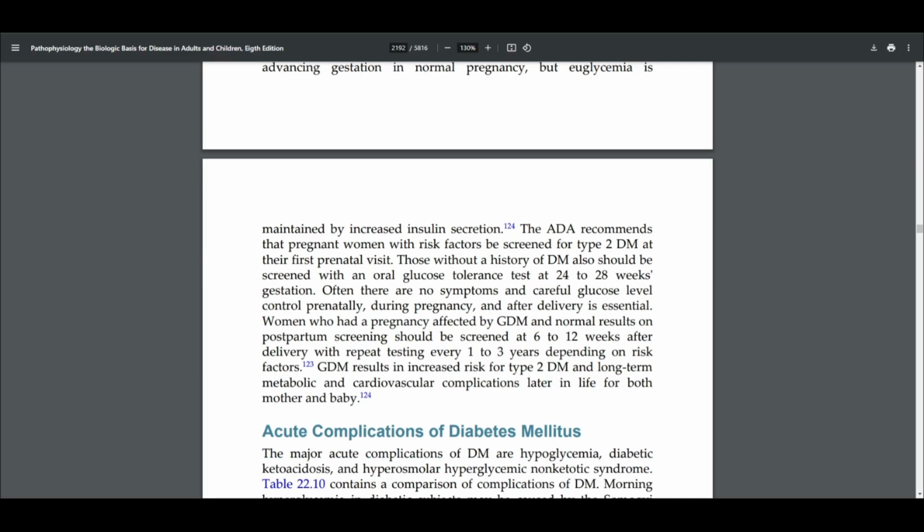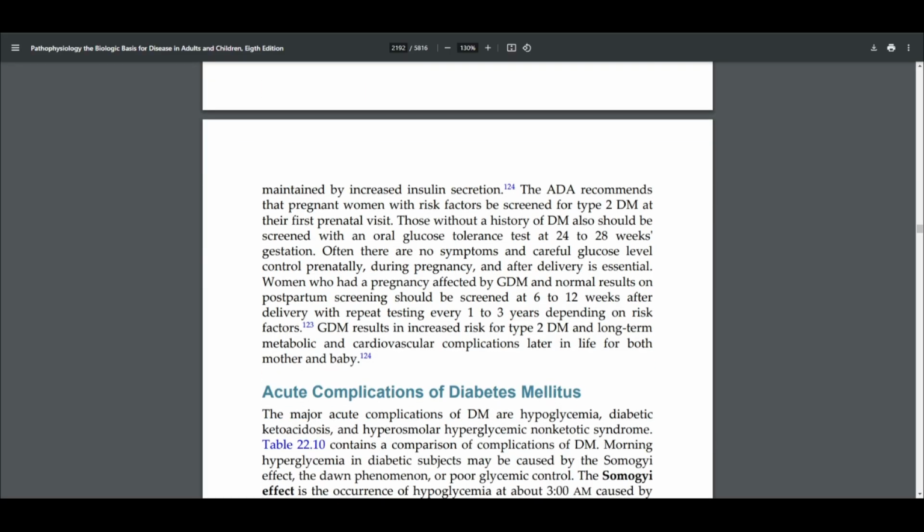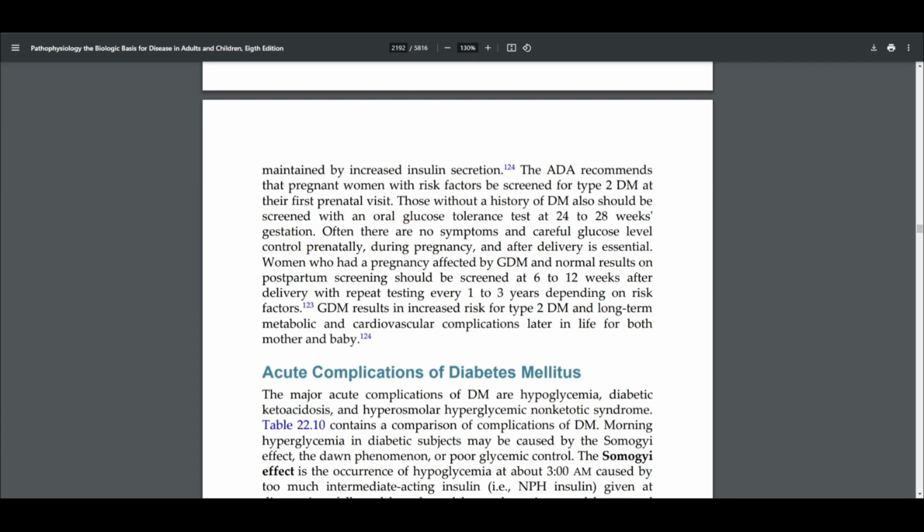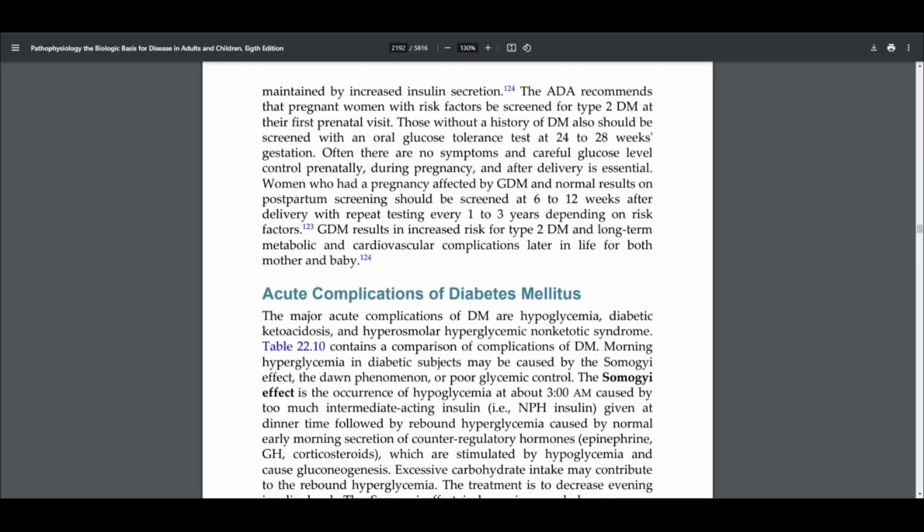The ADA recommends that pregnant women with risk factors be screened for type 2 diabetes at their first prenatal visit. Those without a history of diabetes should be screened with an oral glucose tolerance test at 24 to 28 weeks of gestation. Often, there are no symptoms, and careful glucose level control prenatally during pregnancy and after delivery is essential.